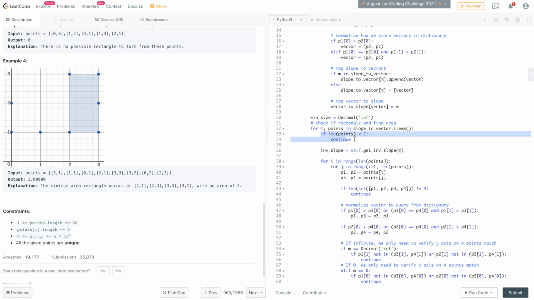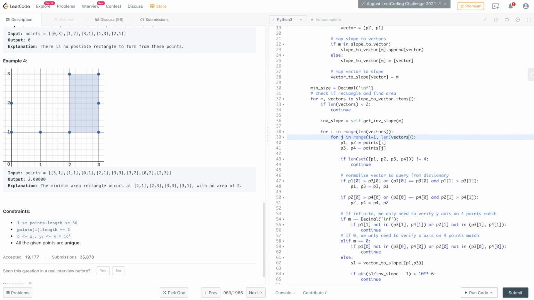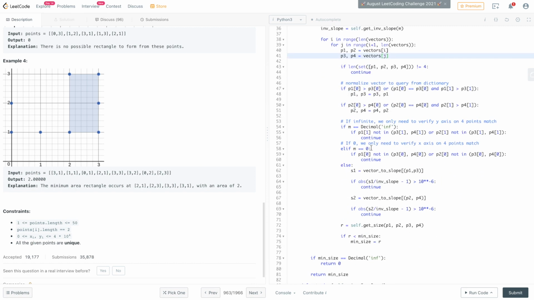Let's just change it to vectors, and I believe that's it. Yep, that's it. Cool.